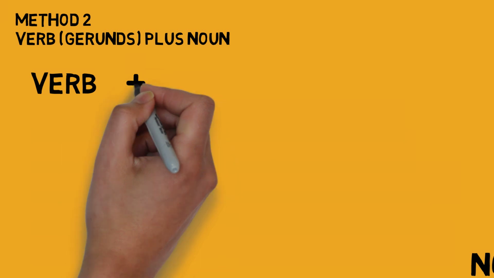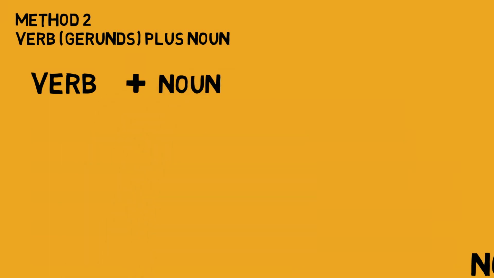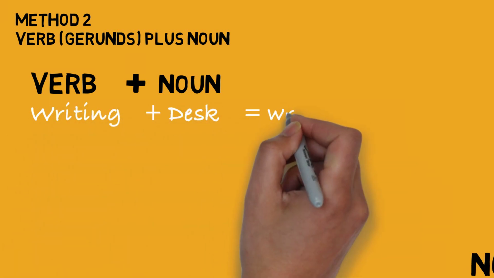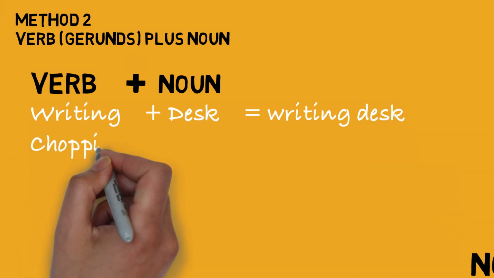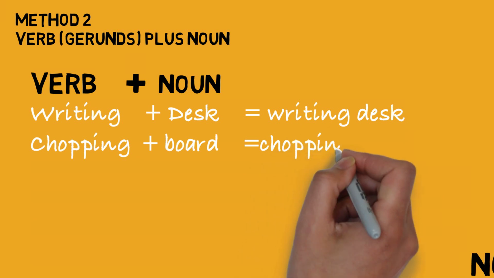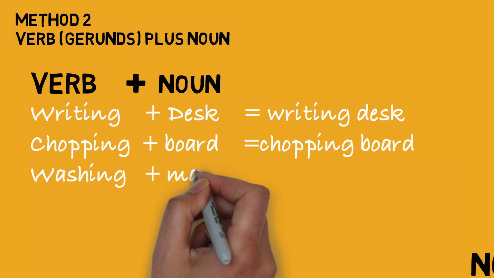Another way to form compound nouns is by using verbs, specifically gerunds, which are verbs acting like nouns, added to another noun. For example, chopping is a verb, plus board, which is a noun, becomes chopping board.